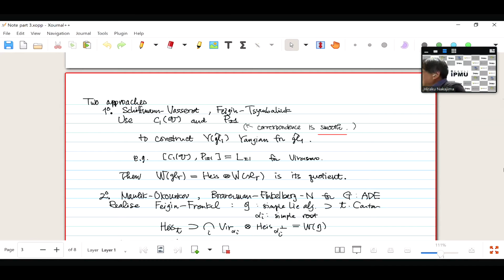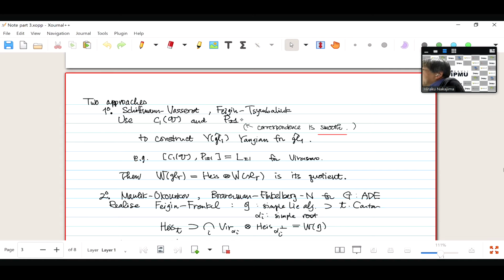So use this first Chern class of the tautological bundle and in particular the correspondence P of plus minus one. I define the correspondence for M and N, but this plus minus one has a very special feature: the correspondence is non-singular, so this is smooth. And somehow this smoothness is important because they basically use a finer form of the localization theorem to compute everything locally.